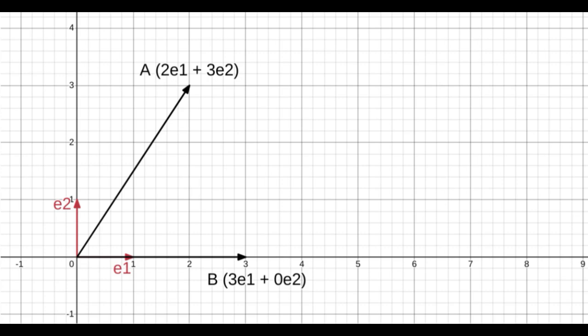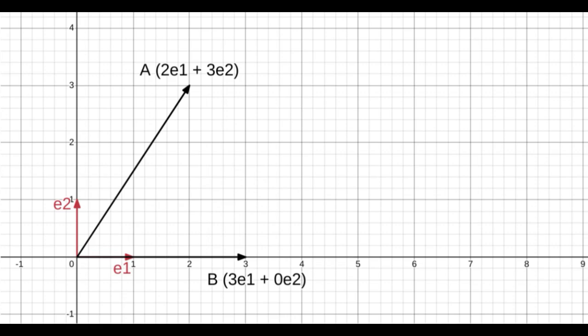Here are our two vectors, and we want A wedge B. That means we're going in this direction, which makes it clockwise, and they call that the negative.